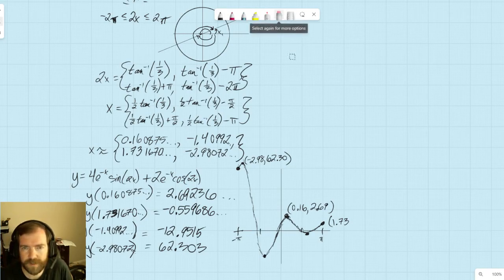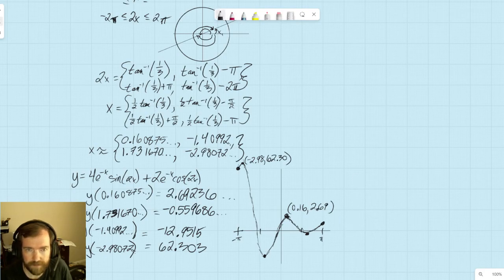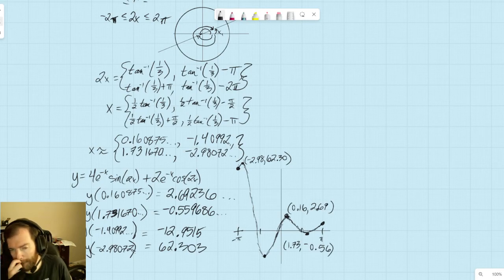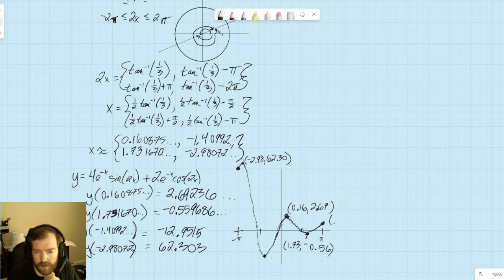Obviously. .73 by negative 0.56. That point right there. This is going to be pi comma something we don't know.